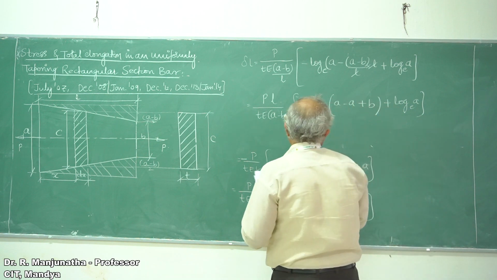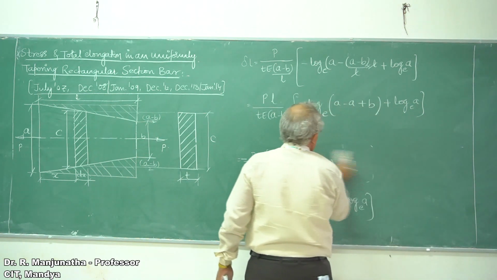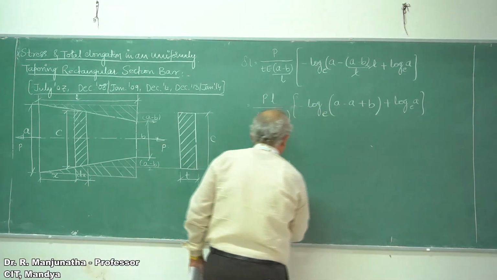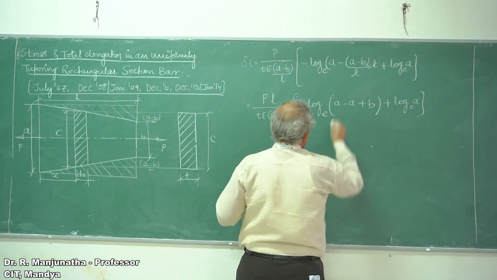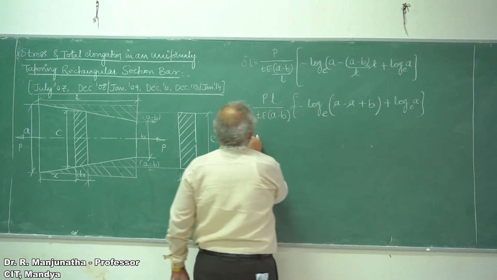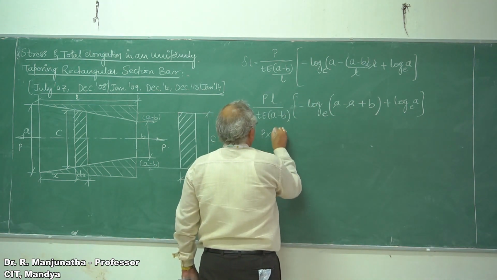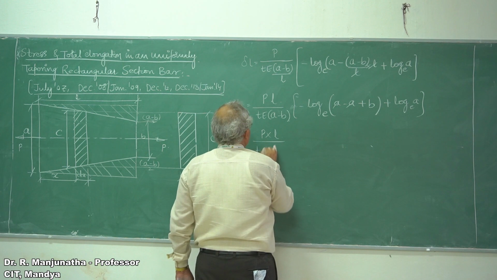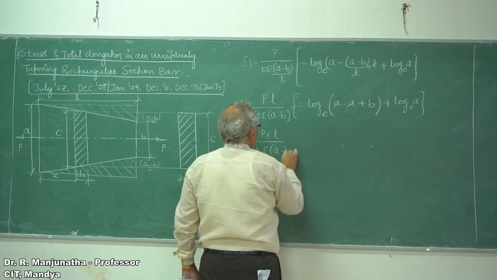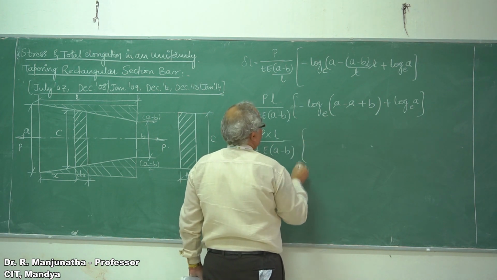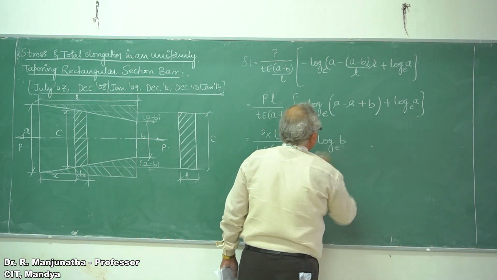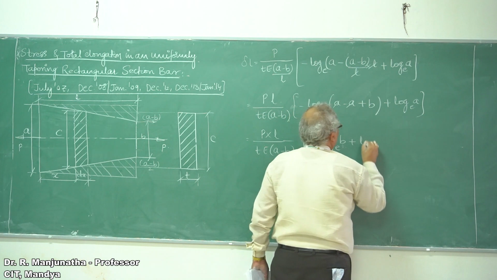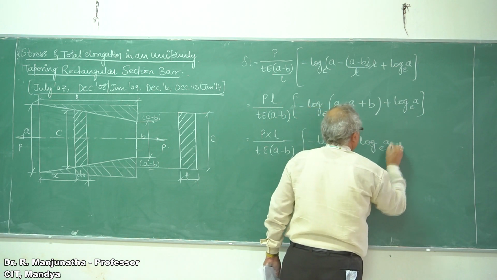A minus A gets cancelled. So that will be equal to P into L divided by T into E into A minus B into minus log B to base e plus log A to base e.